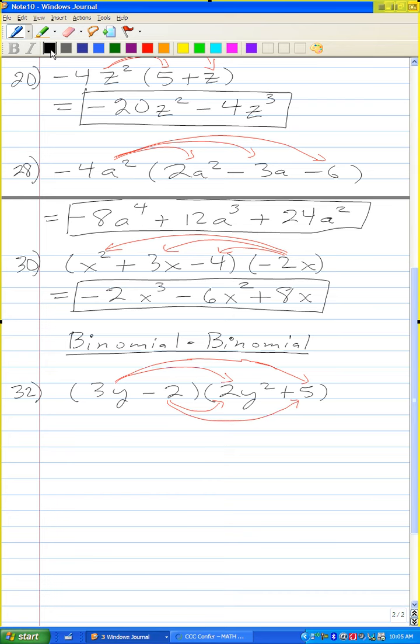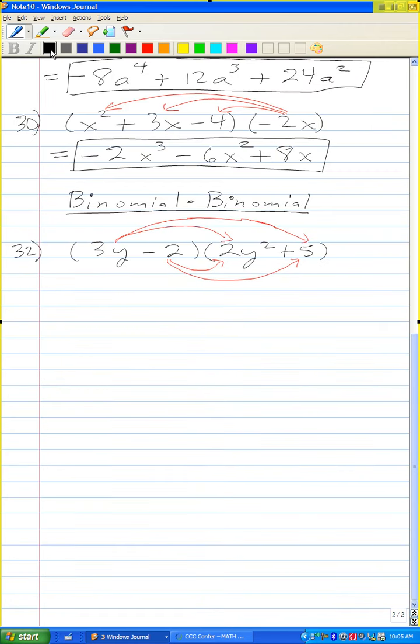And so 3 times 2 is 6. Y times y squared is y cubed. Positive times positive, positive. 3y times 5, 15y. Negative 2 times positive 2y squared is a negative 4y squared.